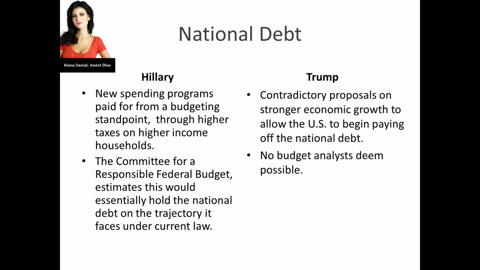And he has made a number of sometimes contradictory statements on the public debt. In March, he said that unleashing stronger economic growth would allow the U.S. to begin paying off the national debt, and that is something that no budget analyst sees as possible at the moment.